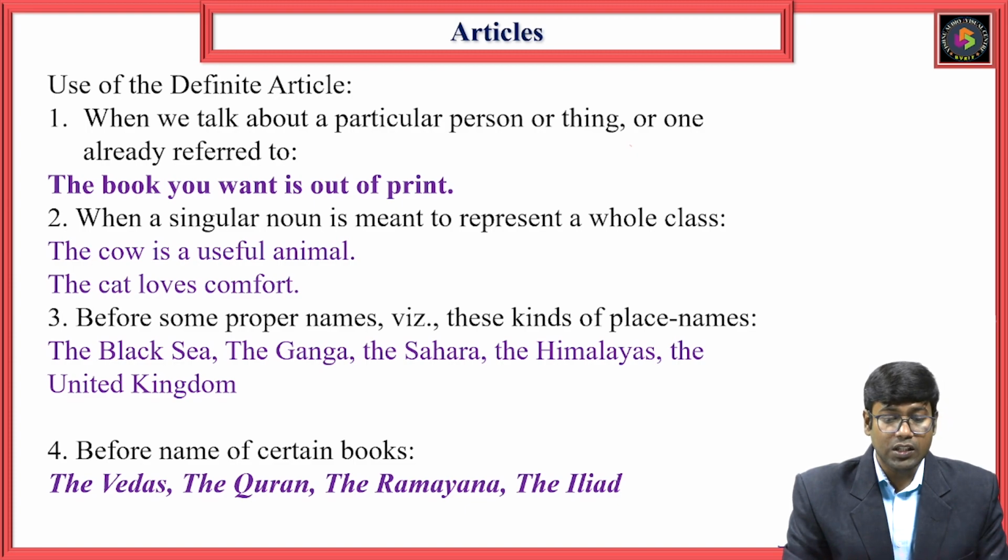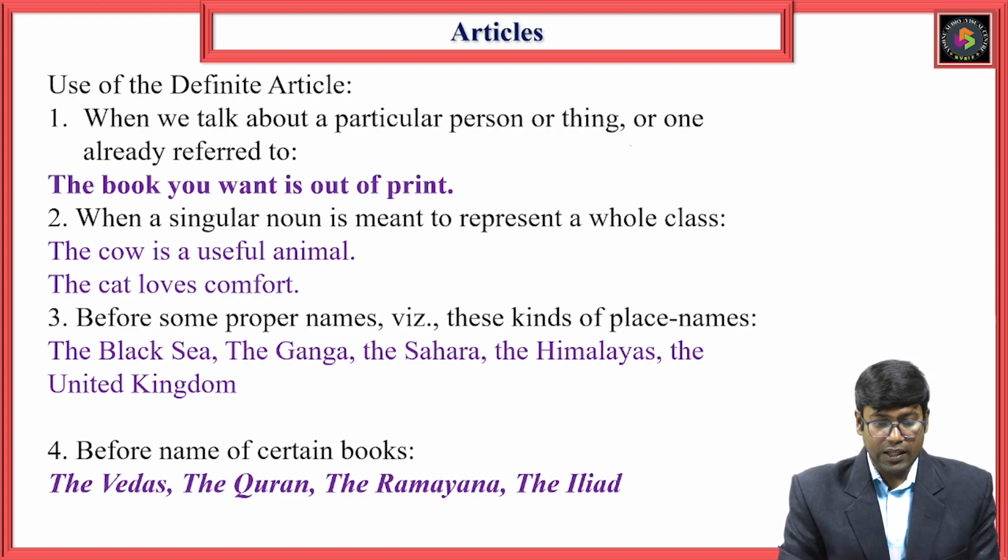So, the cow is a useful animal. Even the next sentence: the cat loves compost. In both sentences you can understand that the animal, the cow or the cat, is a singular noun that represents the whole class.